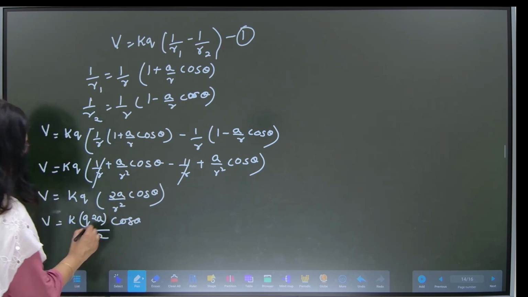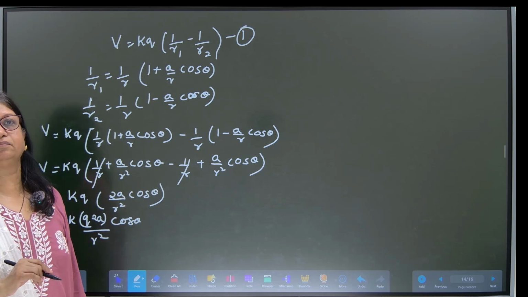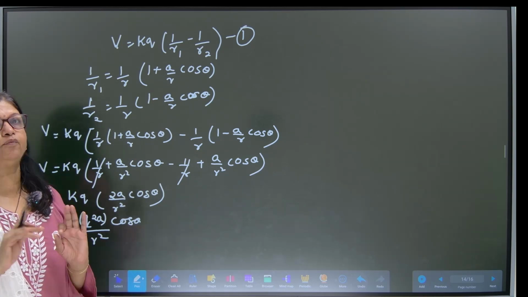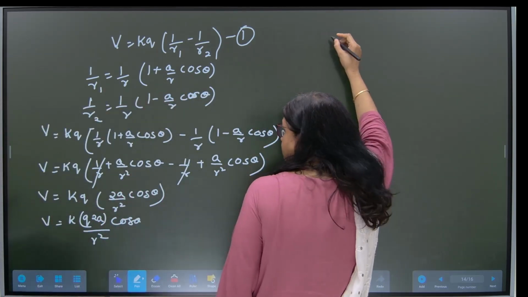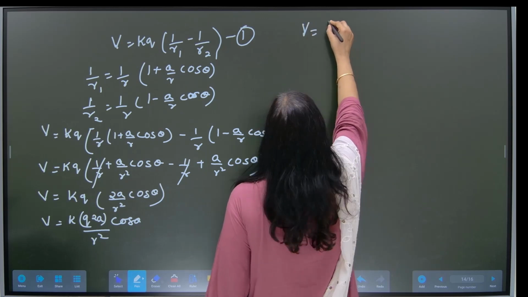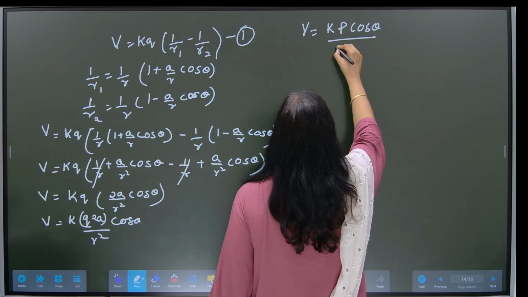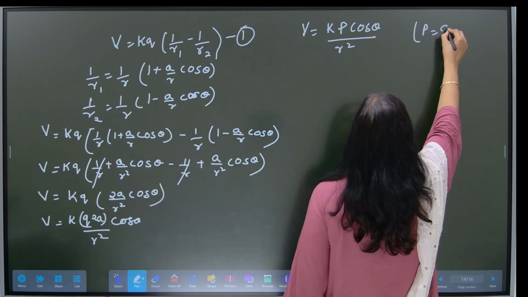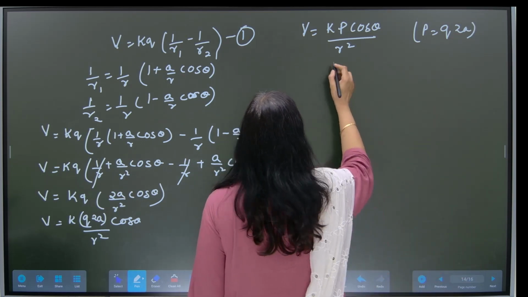upon r square. Fine. Now cos theta is there here, which means it is a scalar product. V is a scalar product of two vectors. So we write it as Kp cos theta upon r square, where p is equal to Q into 2a, one of the charge multiplied by the distance between them.